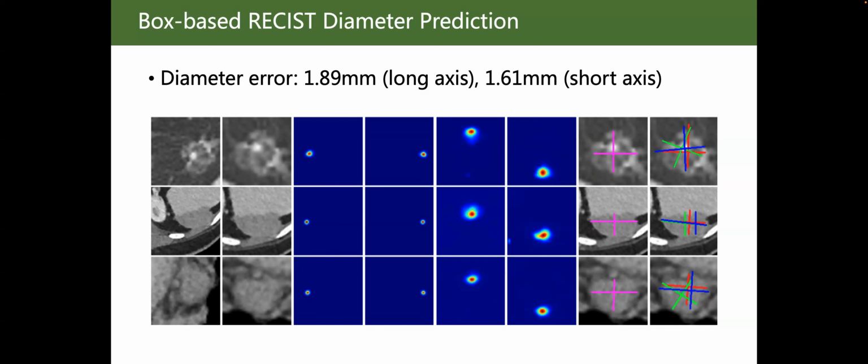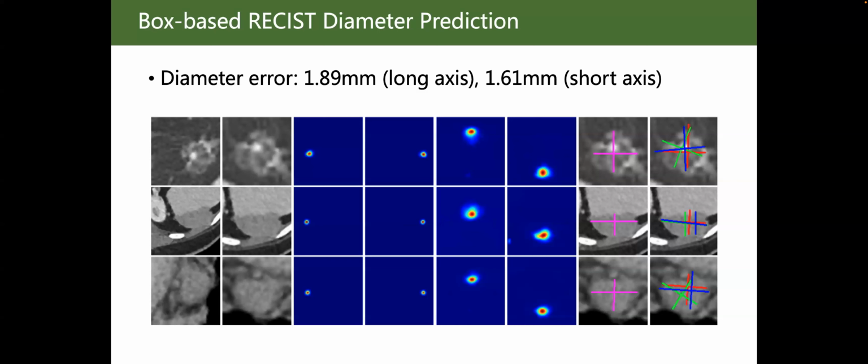This figure shows 3 visual examples of the results produced by this method. The first column shows the cropped lesion regions based on the bounding box drawn by the radiologist. The second column shows the normalized lesion regions used by the first model.